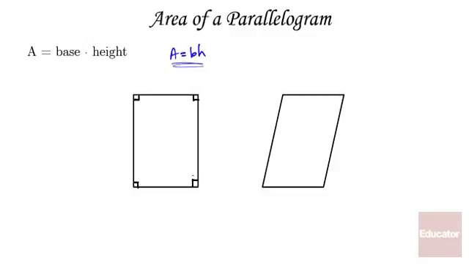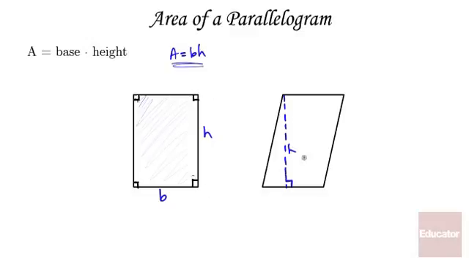Here, this is a rectangle. If this is the base, this is the height. We just multiply this side with this side and we get the area. We figure out how much space this is covering. For a parallelogram, let's say I cut this part out. Now this is the height. Height always has to be perpendicular to the base.